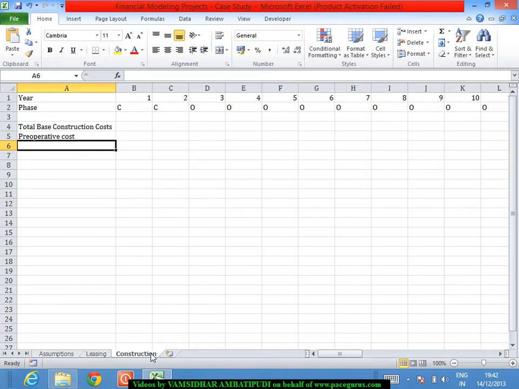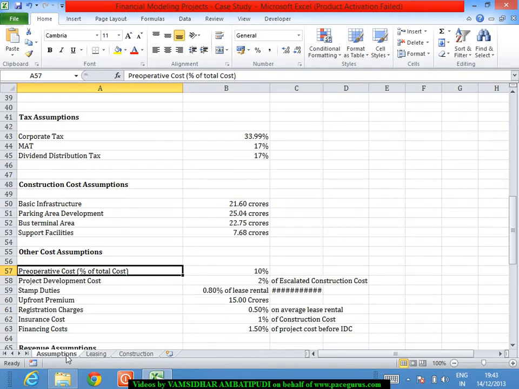And even that cost is built into the construction cost only. That is what we call pre-operative cost capitalized. Capitalized means we are treating it as a part of the construction cost itself. So even that cost we have to handle.